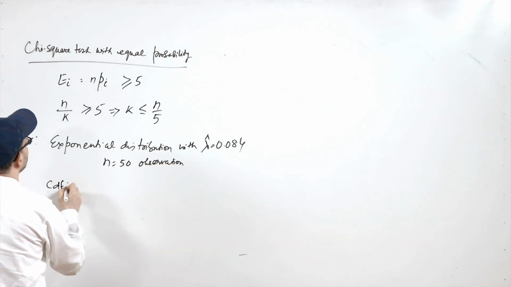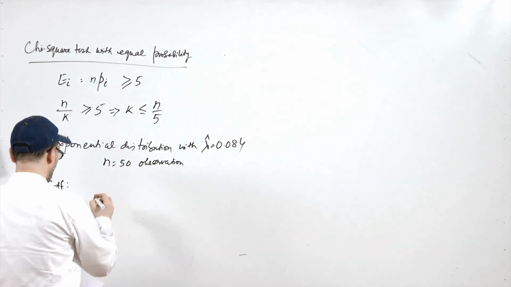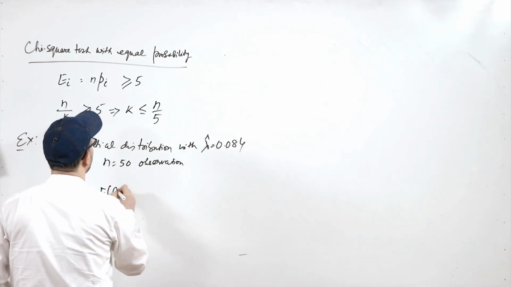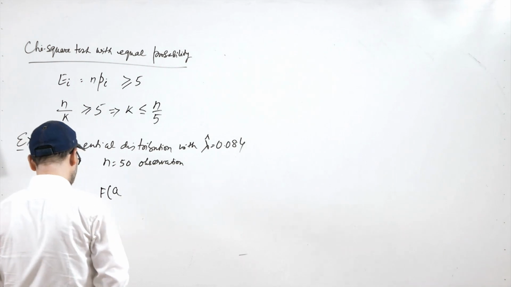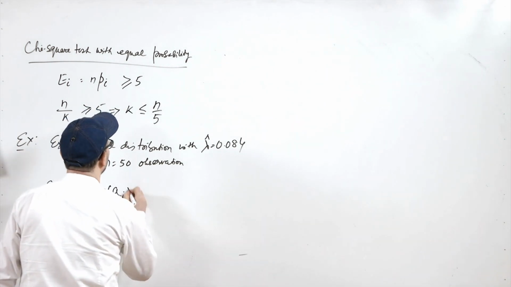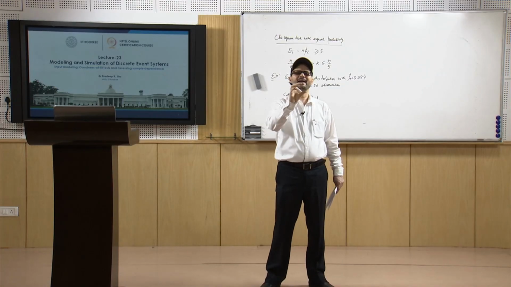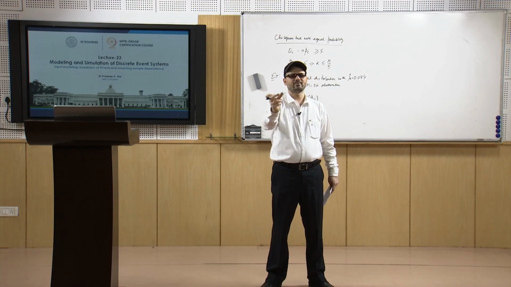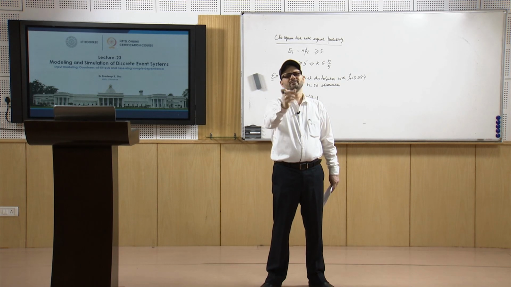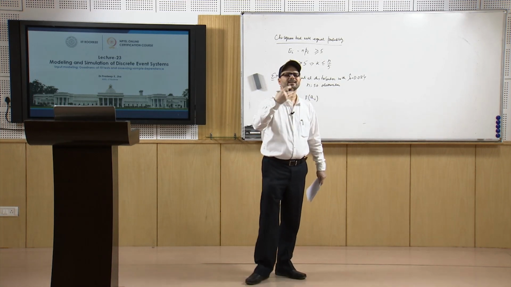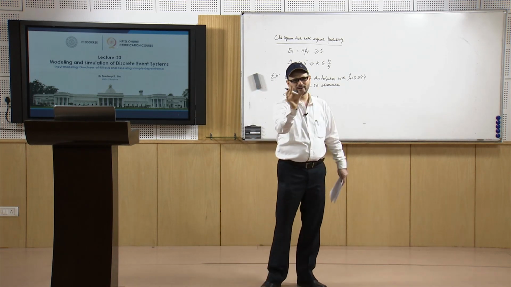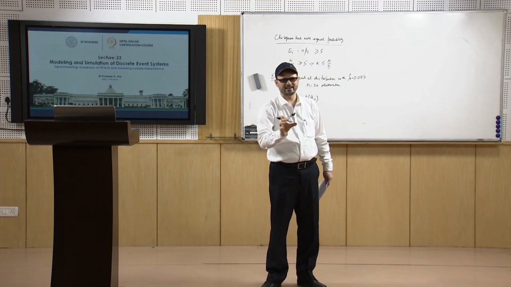If AI is representing the end point of the ith interval, suppose A1 will be the end point of the first interval, A2 the end point of the second interval. So, it will be A0 to A1, A1 to A2, A2 to A3, like that.